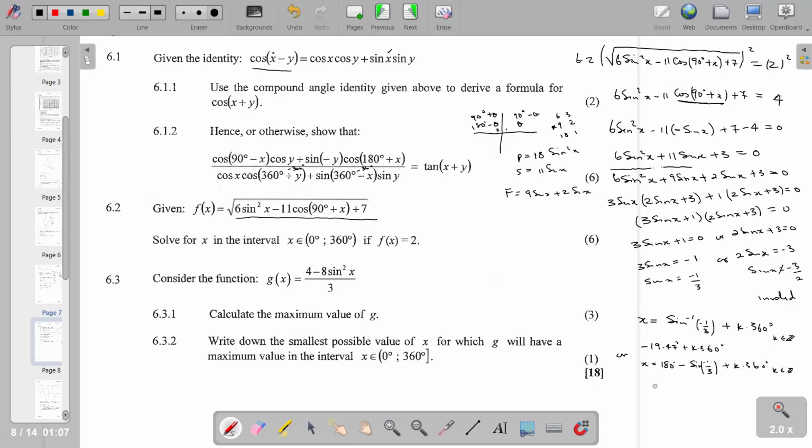So that one is going to be 180 minus, which is giving 199.47 degrees plus k 360 degrees. Remember, k is an element of integers, but the question is saying the answer must be between 0 and 360.